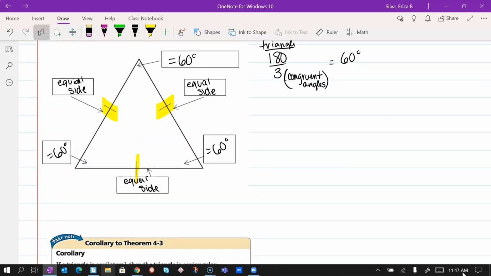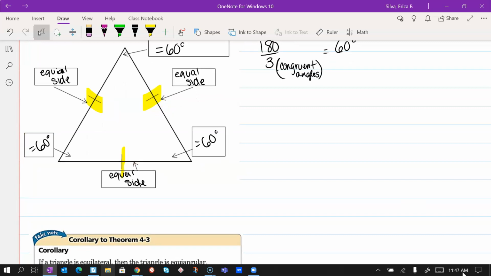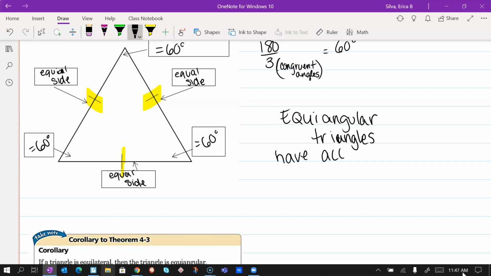So this part is super duper important because it's going to help you answer any of the questions that have equilateral or equiangular triangles. Equiangular triangles have all angles equal to 60 degrees.